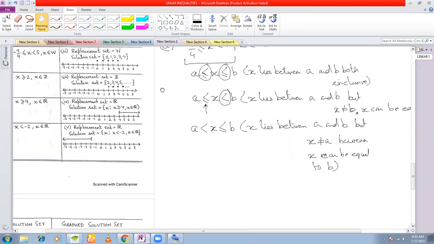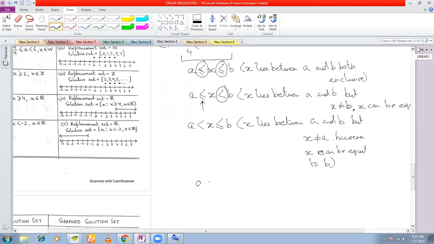And what does this mean? a less than x less than b. What does this mean? That x lies between a and b, and it cannot be equal to a and b both. x lies between a and b, where x is not equal to a and x is not equal to b.